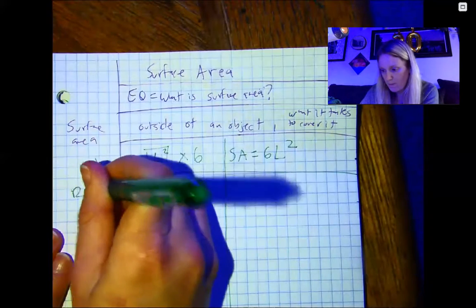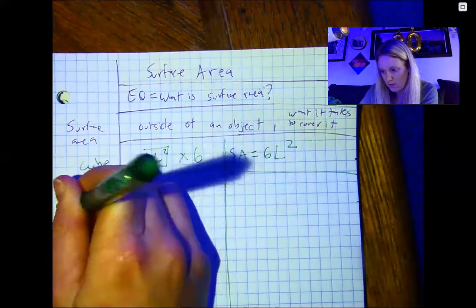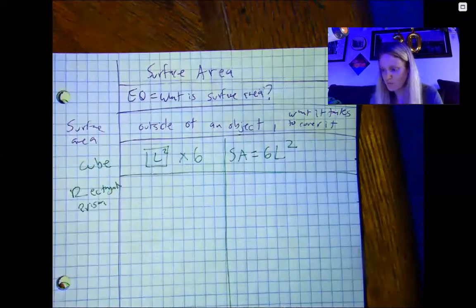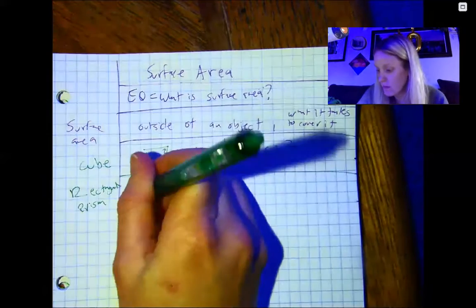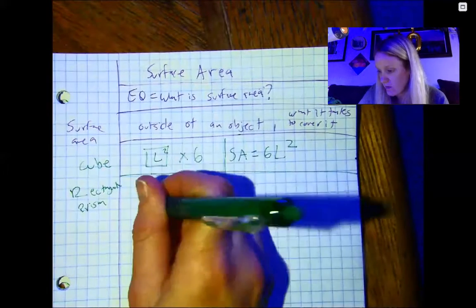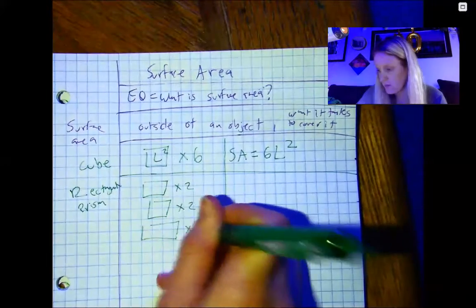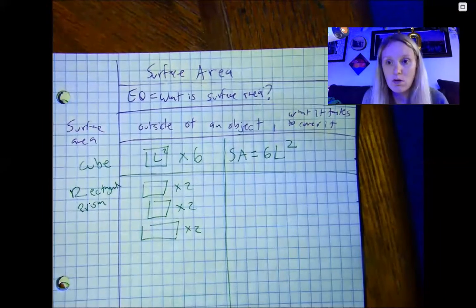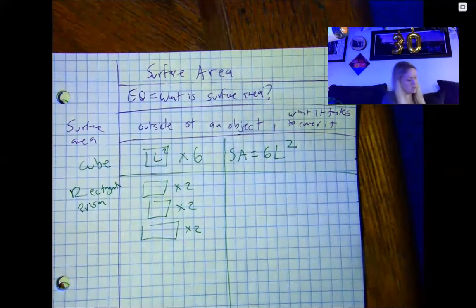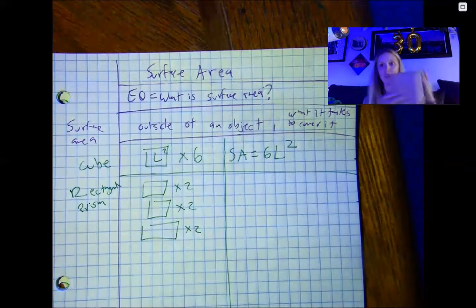Rectangular prism. A rectangular prism is built of two sets of equal rectangles, 3 times. This is different because it goes out a little bit.